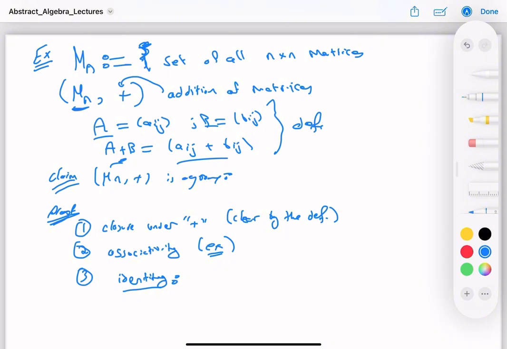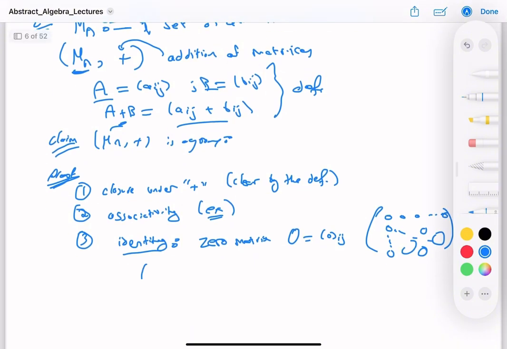Well, that's the zero matrix. Surprise, surprise. So let's take the zero matrix, and let's call it big zero, to be the matrix with all entries zero. So the zeros everywhere. Okay.